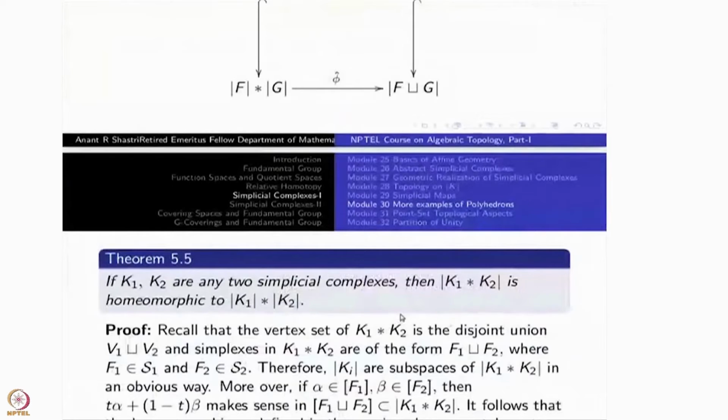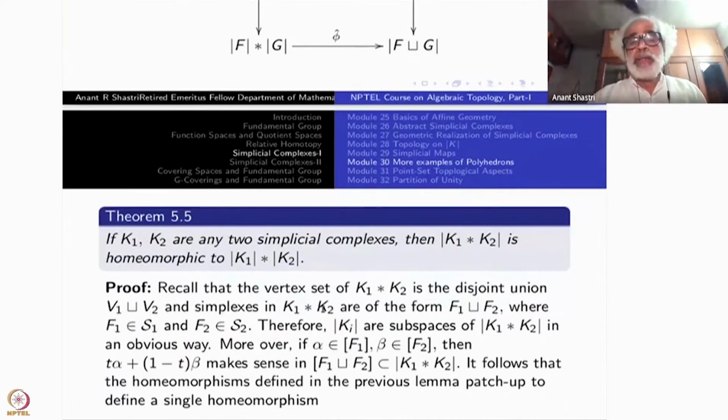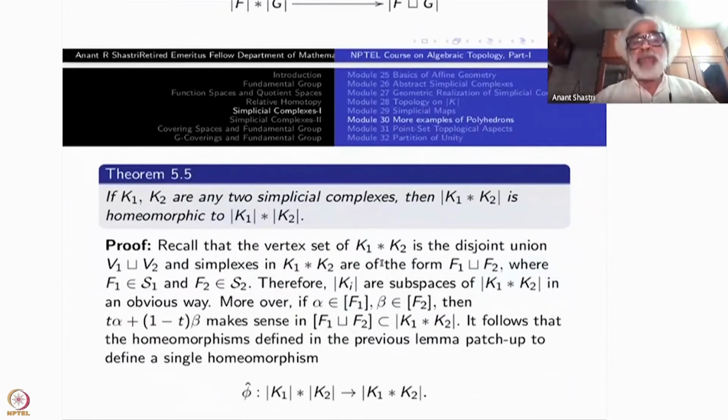So now we can complete the task of showing that modulus of K1 star K2 is homeomorphic to modulus of K1 join modulus of K2. As such, you don't know whether this is a polyhedron. Once you prove that, it follows that this is a polyhedron. That is the whole idea. Once again, recall that the vertex set of K1 star K2 is the disjoint union of the vertex sets V1 and V2.